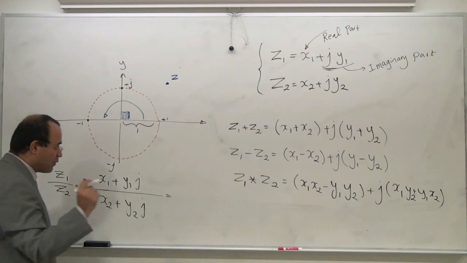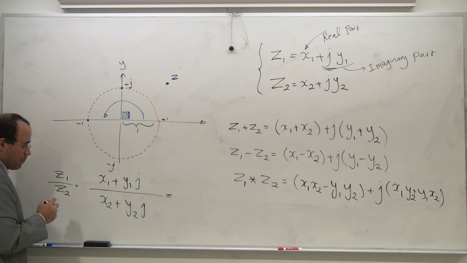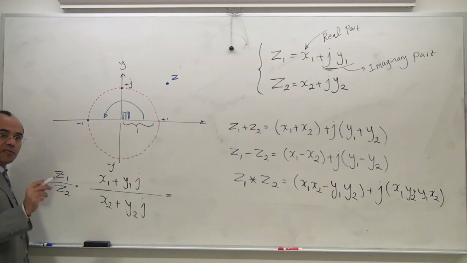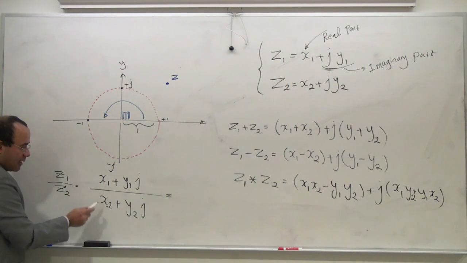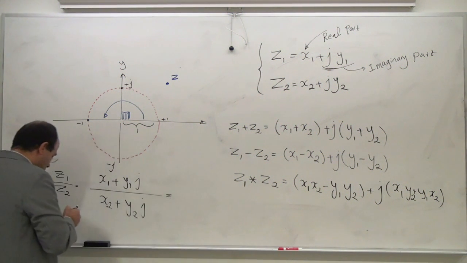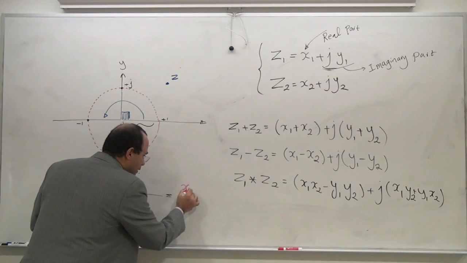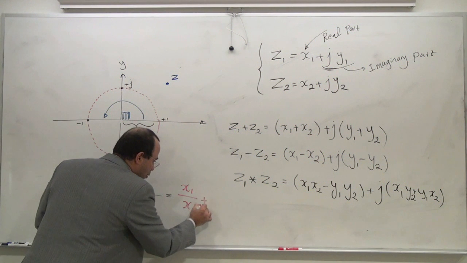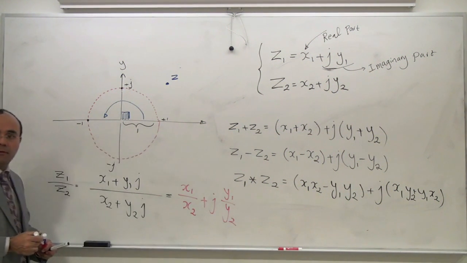The pitfall I see, this interesting mistake I see is this. People come in and for some strange reason, they think they can separate this. They write this down as, and I want to write it in red because that's incorrect, x1/x2 plus j y1/y2. You can't do this.